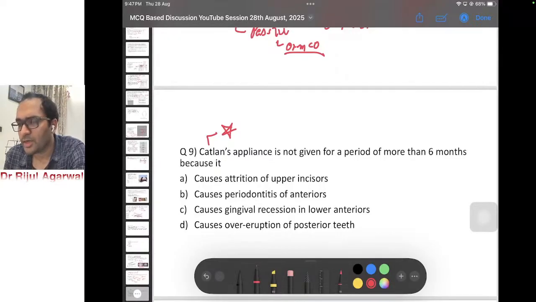I think hardly a NEET or an INI exam passes in which there is no question on crossbite correction. Which appliance given, image based question, side effect of that appliance, anything. Erupting, developing crossbite, words like this are used. Which appliance will you use? It says option D.